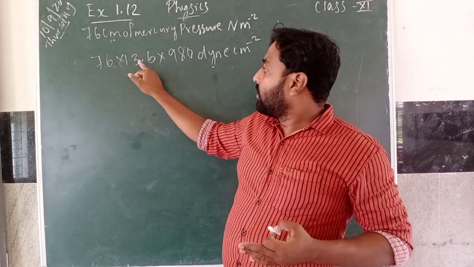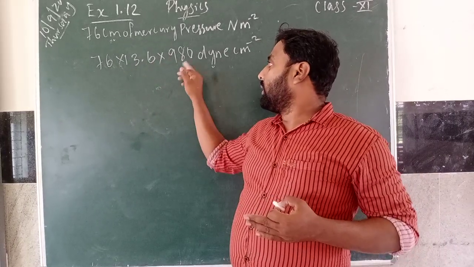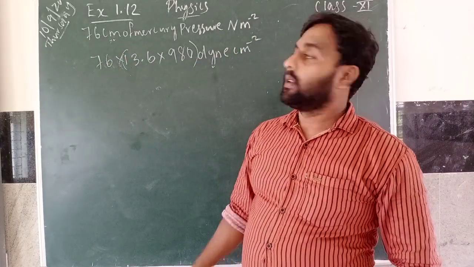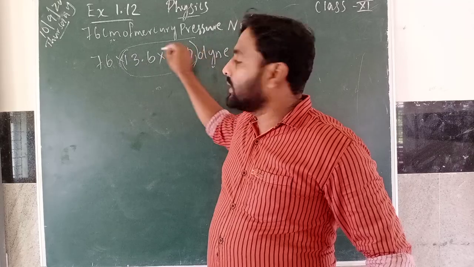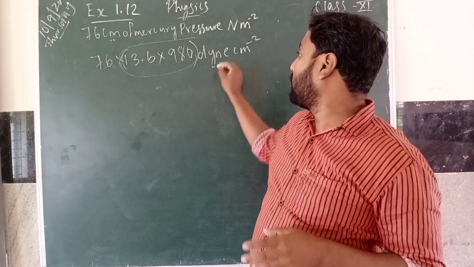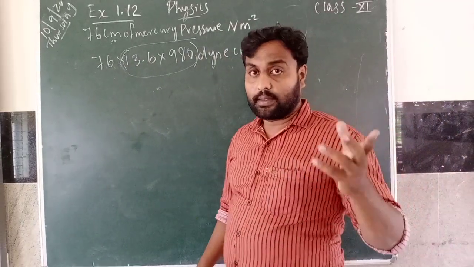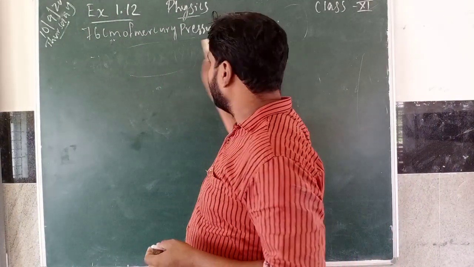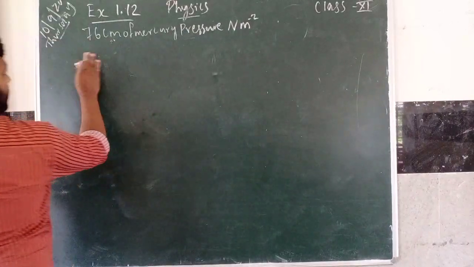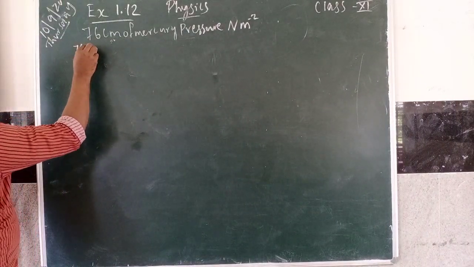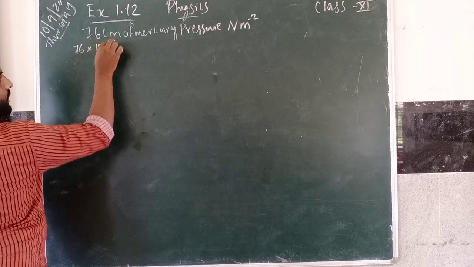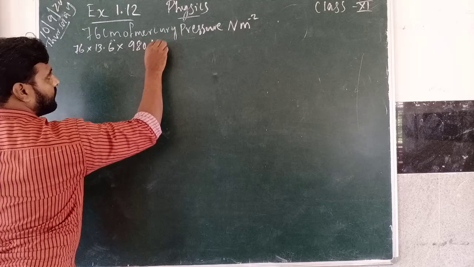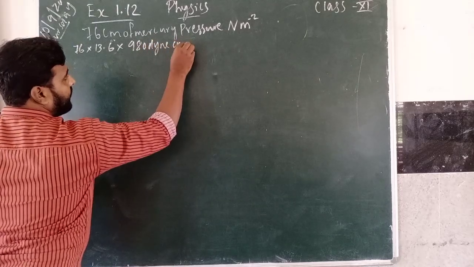So 76 into 13.6 into 980 is the value we have to multiply with 76. Then we can convert this 76 centimeter to dyne. Understand? Now you can go through. First you have to do this conversion: 76 into 13.6 into 980 dyne centimeter minus 2.